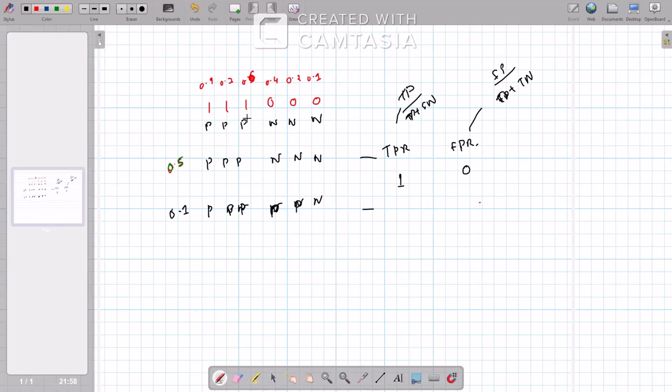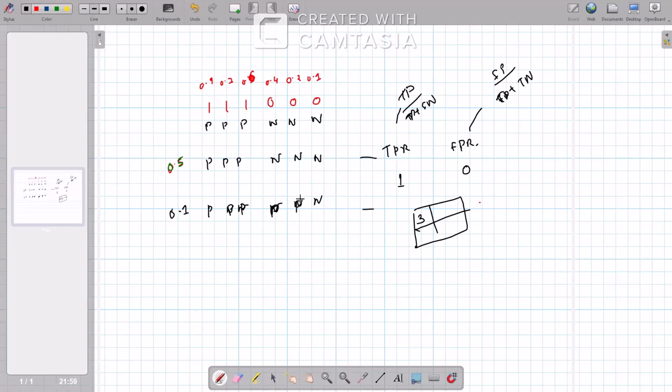True positives are 3, and false negatives are 0 here; there are no false negatives. True positive means a positive predicted as positive, which is 3.